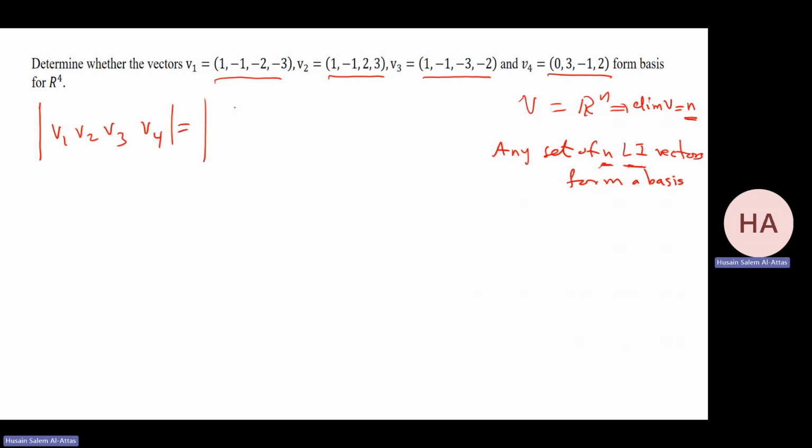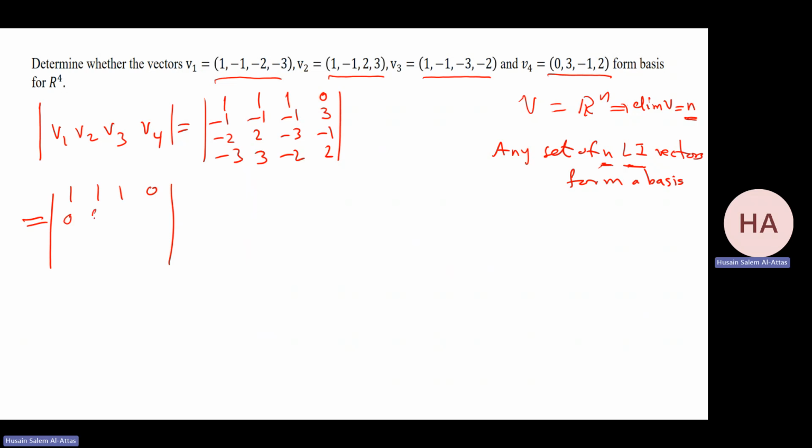That will be 1, minus 1, minus 2, minus 3, 1, minus 1, 2, 3, 1, minus 1, minus 3, minus 2, 0, 3, minus 1, 2. So we do now the operations. Times 1 and add, that will be 0, 0, 0. Times 1 and add, that will be 3.